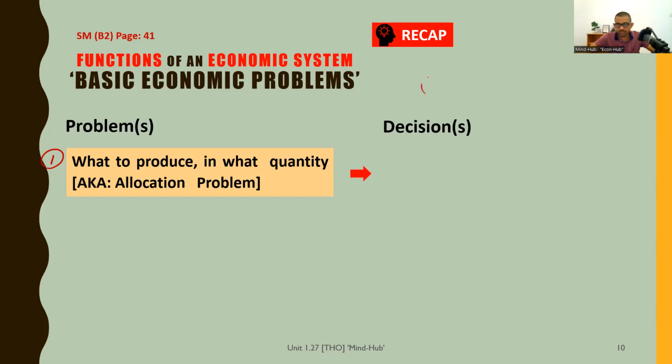We have scarce resources, right? We have land, labor, capital, entrepreneurship. We have unlimited wants, human wants. So there are many wants that we have to satisfy. To satisfy each of these wants, we have to produce certain amounts of different goods and services.